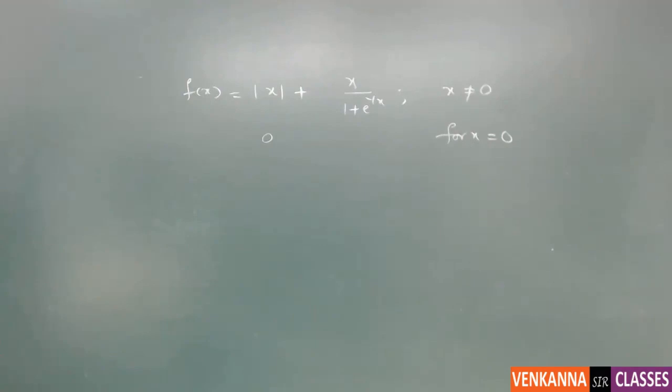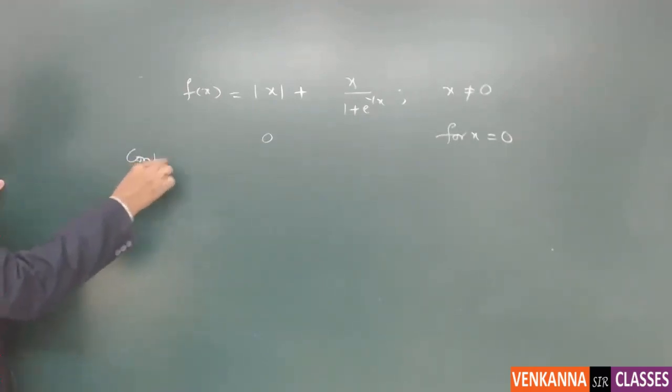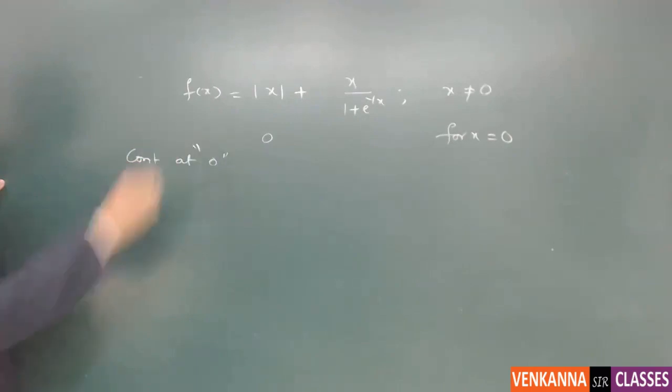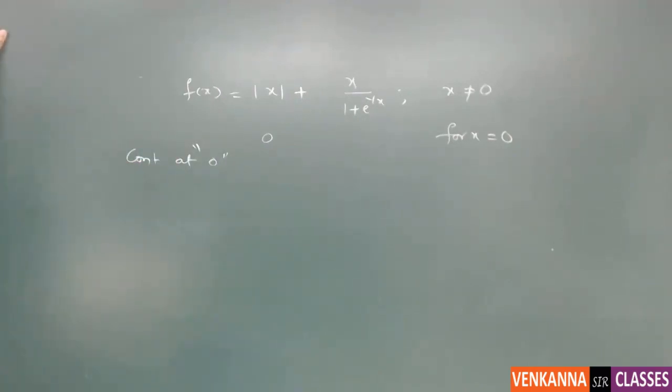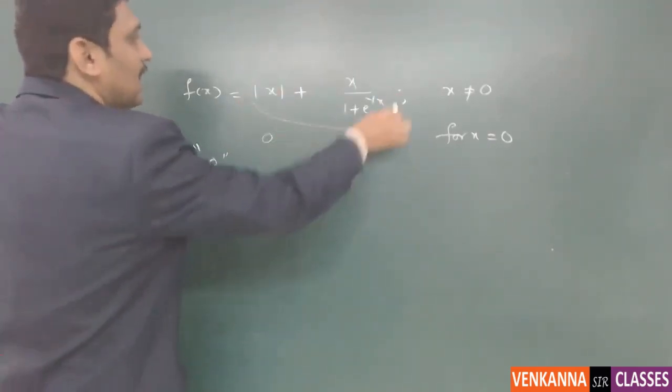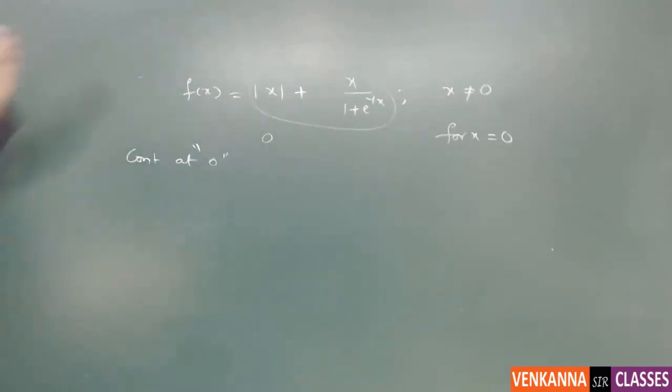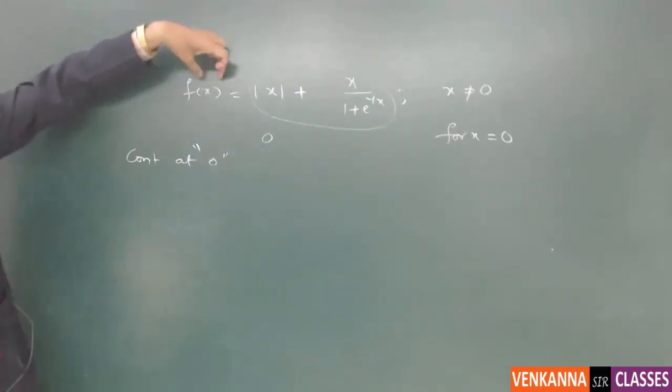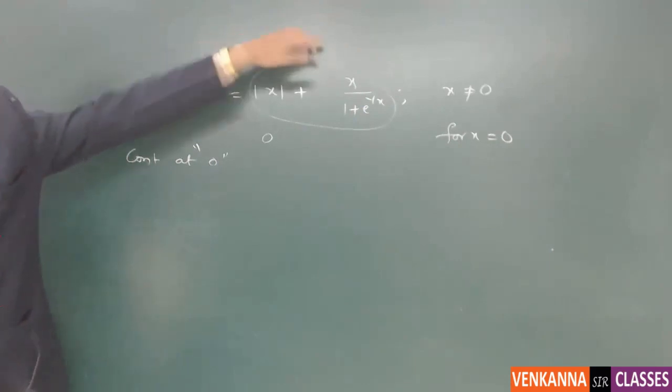Now, if it is asked to discuss or verify whether the function is continuous or not, say at the point 0, we are going to verify if the function is continuous at 0 or not, if the question is asked to you. So, apart from calculating the left limit for the whole thing and right limit for the whole thing, you can feel that this function is nothing but sum of the two things.